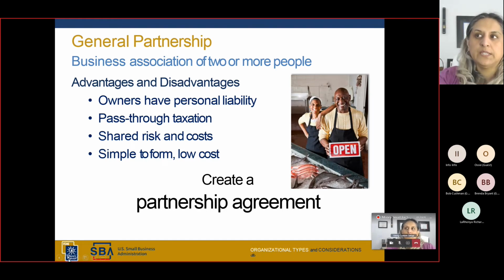Each partner includes his or her own share of the partnership's income or losses on his or her tax return, and may need to estimate their quarterly tax payments.